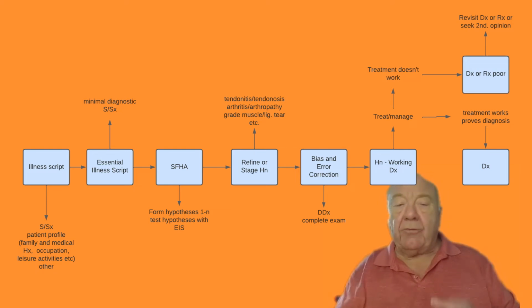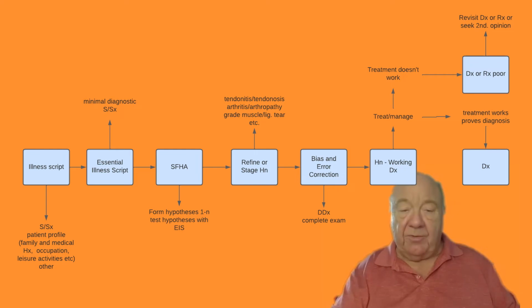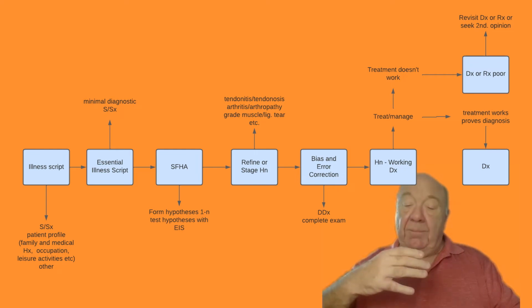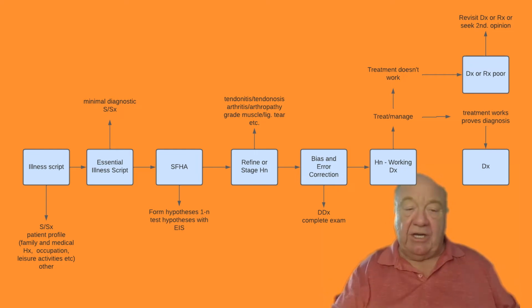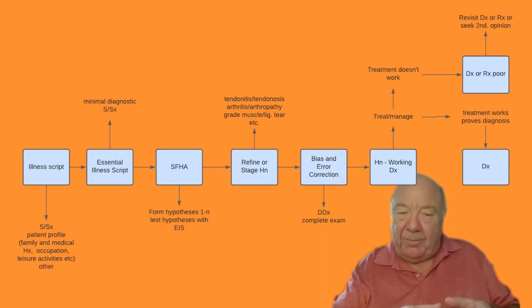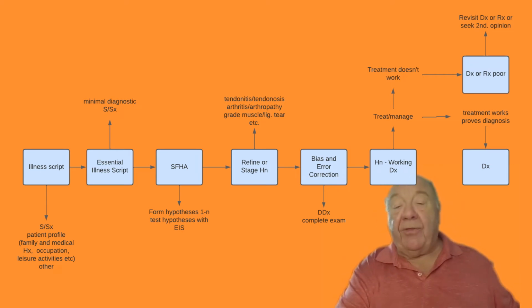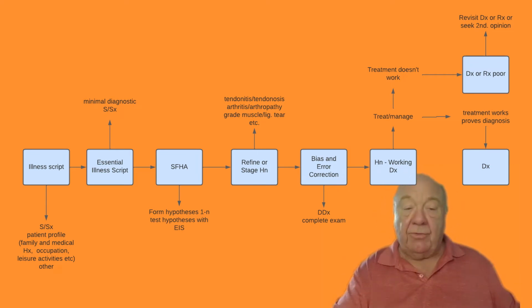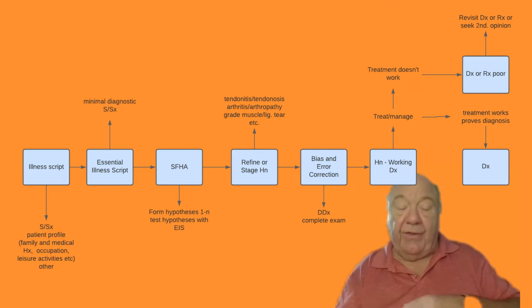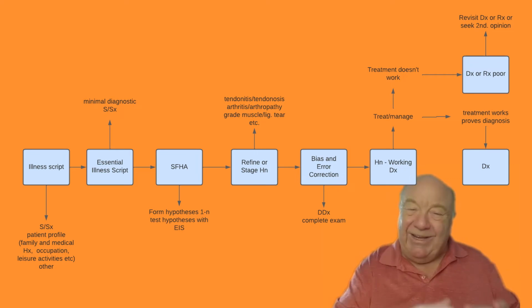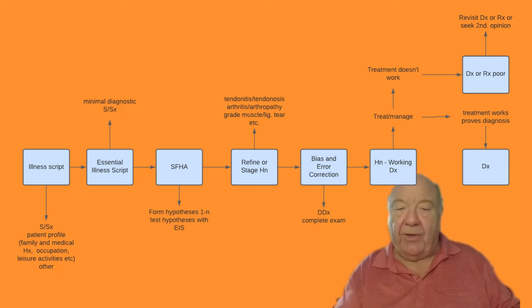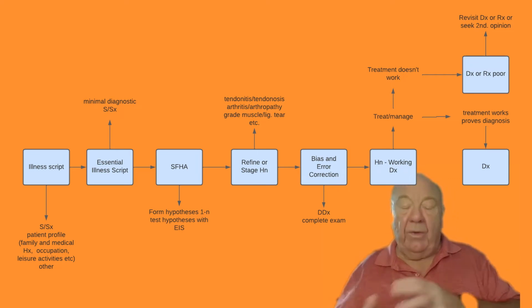This will take you to script-focused hypothetic inference. That is, you get the first symptoms, you generate a hypothesis, and you immediately test it with the illness script that you choose. And this can be the one that it's not likely to be, so you can run through some different hypotheses and know that you've eliminated bias, or it can be the one that you like and then you have to worry about bias later on. It's entirely up to you, providing you're prepared to change the hypothesis when it doesn't fit as well with the new information.